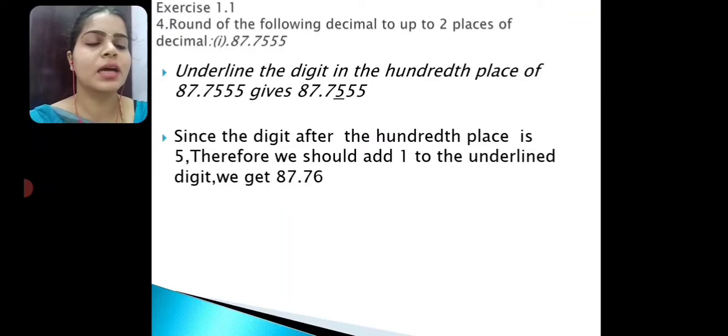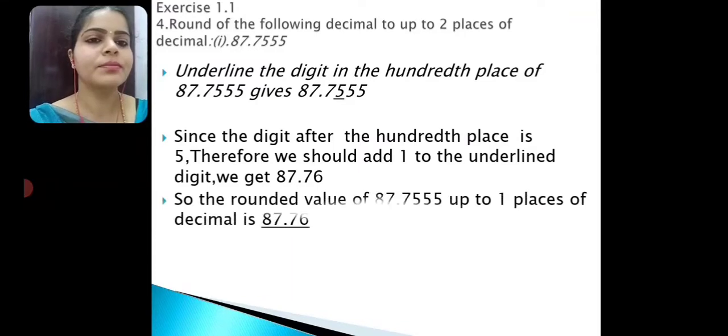Since the digit after the 100th place is 5, we need to add 1 to the underlined digit. If we add 1 to the underlined digit 5, we get 87.76. So the rounded value of 87.7555 up to 2 places of decimal is 87.76.